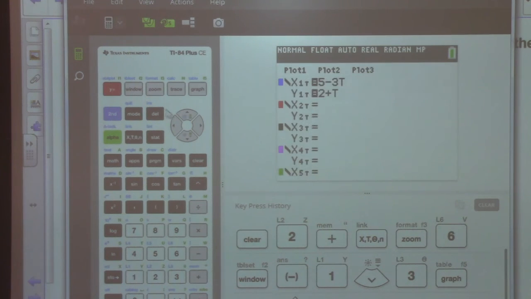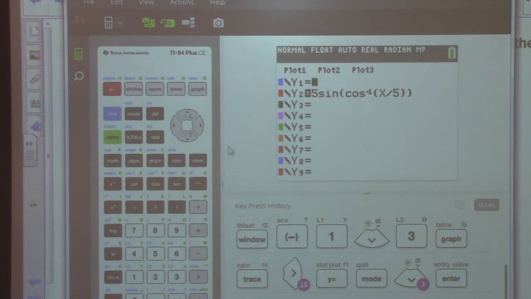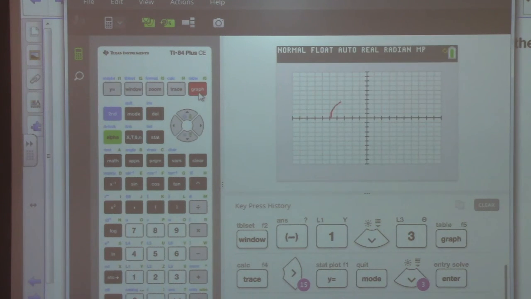To do that, I need to get back into my regular mode, right? I got to make sure our calculators are in radians. So over here, we have this typed in, don't we? I don't know what I did to my view screen to mess that up. But anyway, if we graph, this is what we get, which is what?